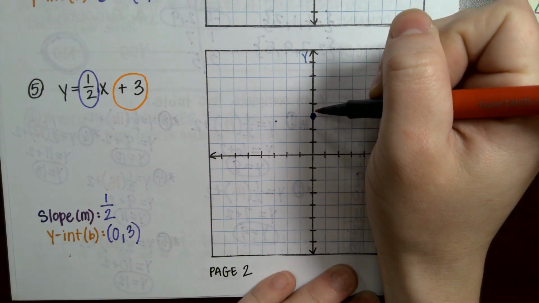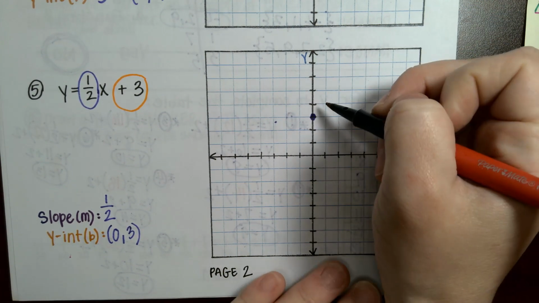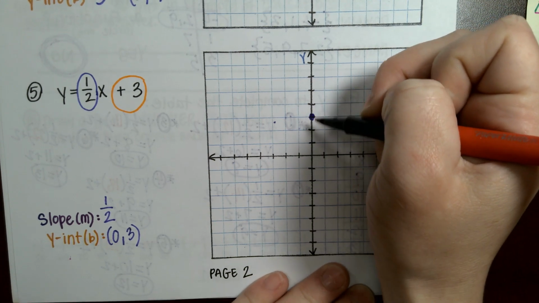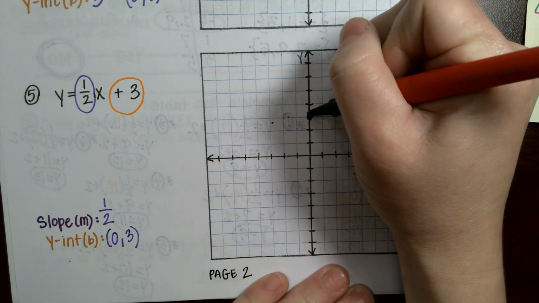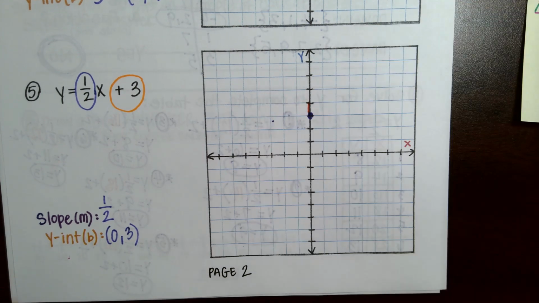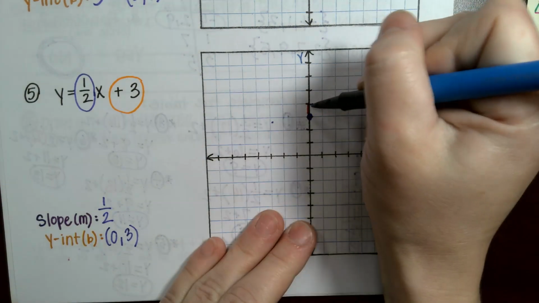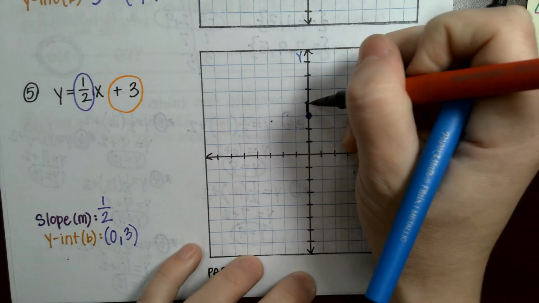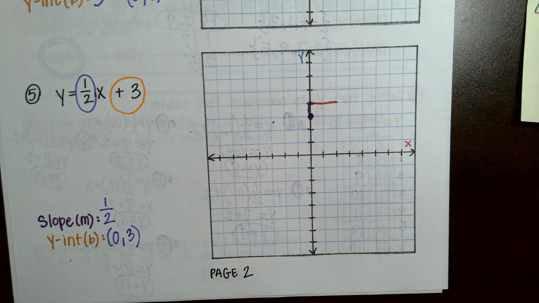I think it's super easy to forget that when we are making our second point, you start from the y-intercept. Do not go back down to 0. So we're going to go up 1 over 2. Oh, I did the wrong colors. There we go.